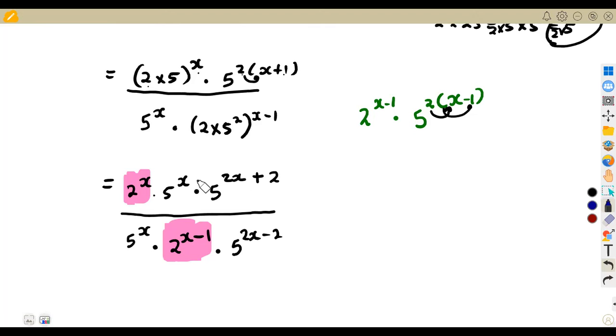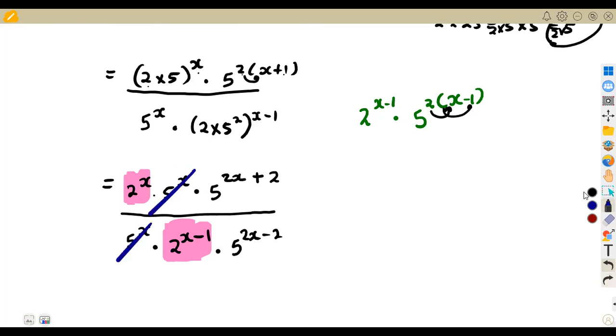Some of these questions, if you can see it, guys, use it as an advantage. You can see that 5 to the exponent of x is the same as this. Cancel those things, they are the same. There's no need for you to keep this. We must understand the numerator and denominator concept. So you can cancel this part out.